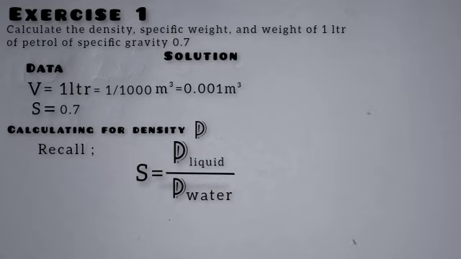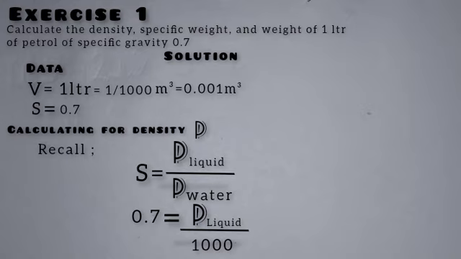We know very well that the specific gravity S is 0.7, and the density of the liquid is what we're calculating for, all over the density of water, which is 1000 kilogram per meter cube.